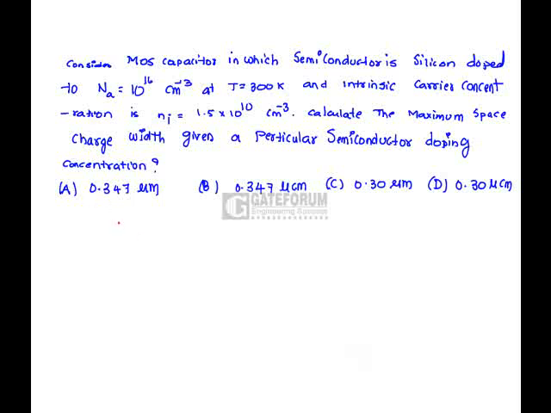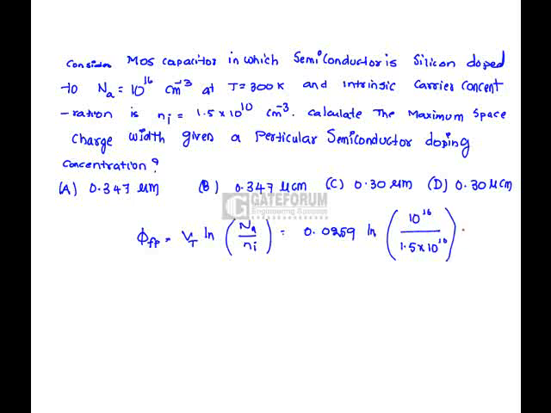See here, the built-in potential, that is phi fp, is equal to Vt natural logarithm of Na by Ni. If we substitute the respective values, we will get 0.347 volts.